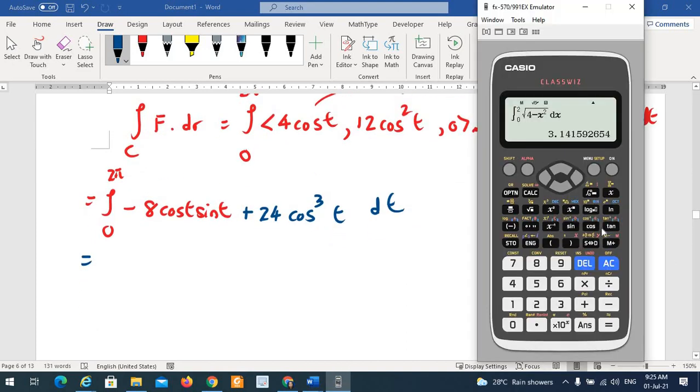You can just use a calculator to get a quick answer. So negative 8 cos t sin t plus 24, the cos cubed I will put a bracket there, cos t and then cube, from 0 to 2 pi.